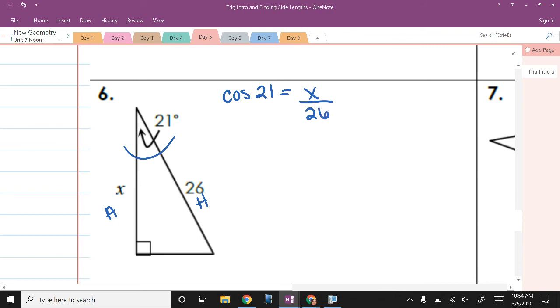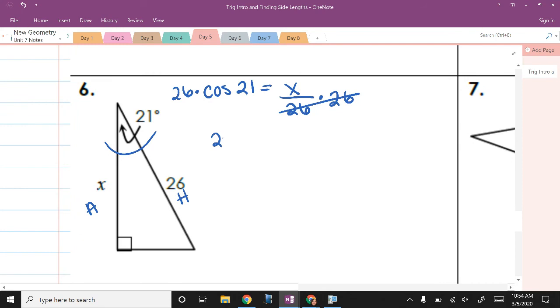All right. So how do I get rid of the 26? Multiply both sides by 26. Those cancel out. So it's 26 times cosine of 21. I forgot my parentheses, y'all.